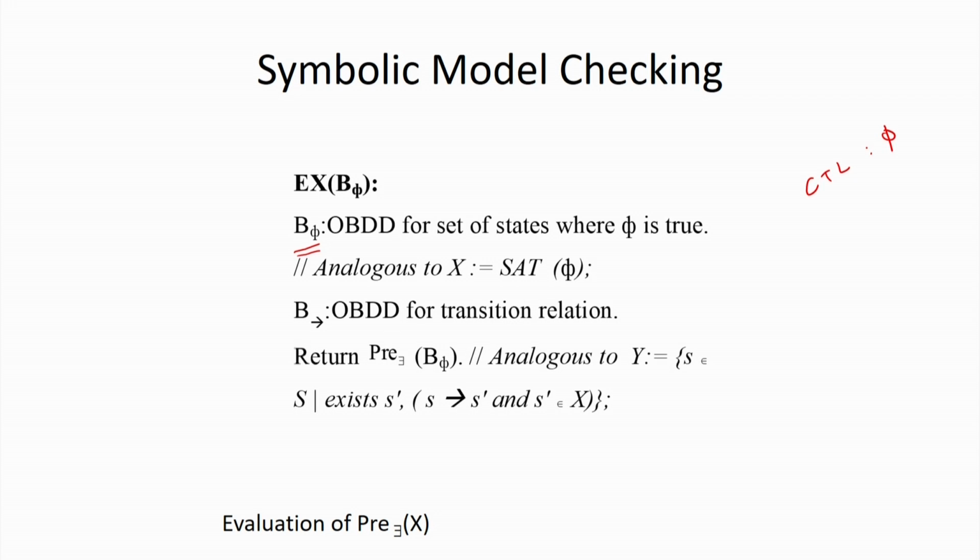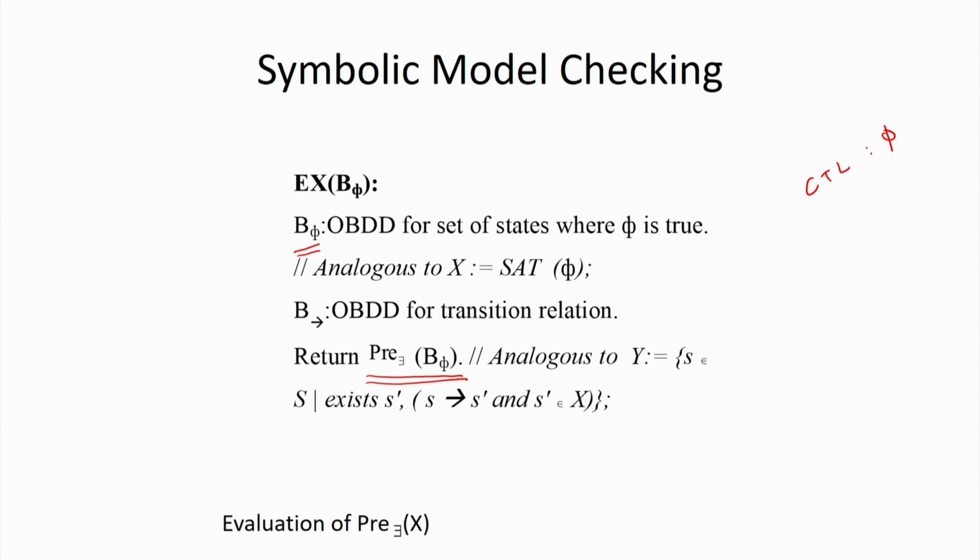Now, B arrow is the OBDD representation of the transition relation, or the entire transition system, and B phi and B arrow must have a compatible variable ordering. After that we use the operator pre-exists on B phi, where B phi is the BDD representation of the states where the formula phi is true.